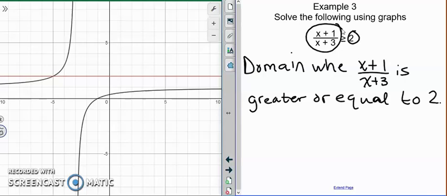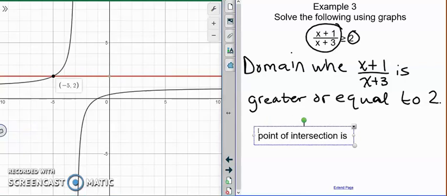If we look at this part here, we can see that right here is where it's equal to, that point of intersection, which is (-5, 2).